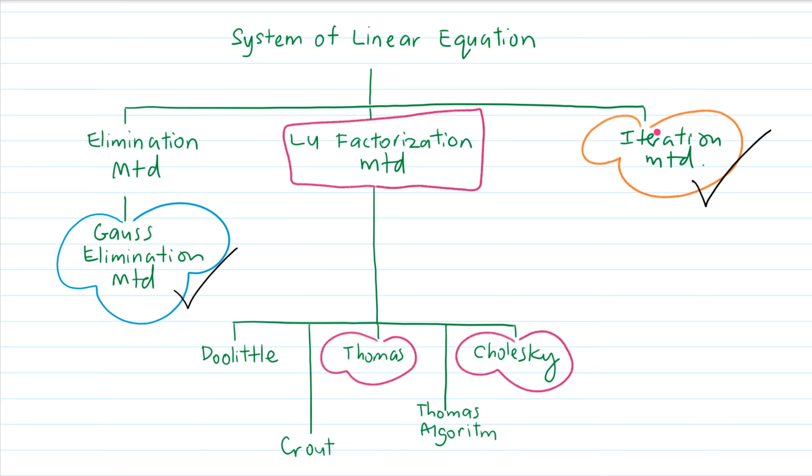So now we move into the third approach of solving the system of linear equation, by using the LU factorization method. The LU factorization method actually has 5 different methods under this approach: Doolittle, Crout algorithm, Thomas algorithm, and also Cholesky.